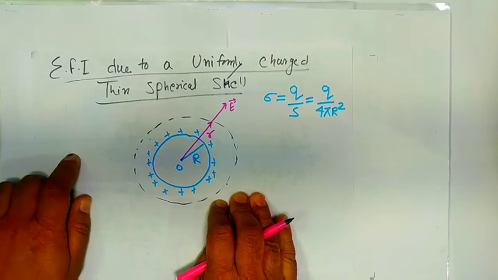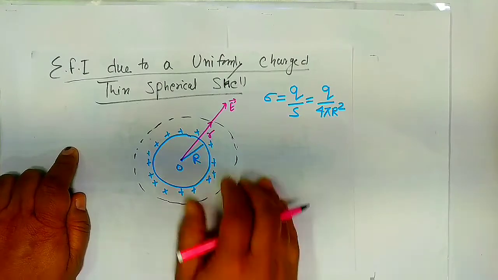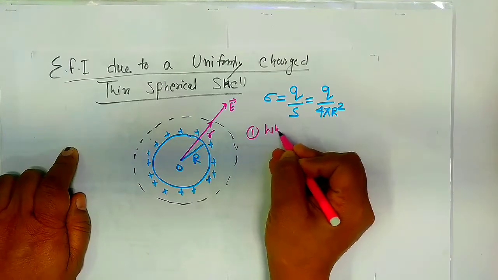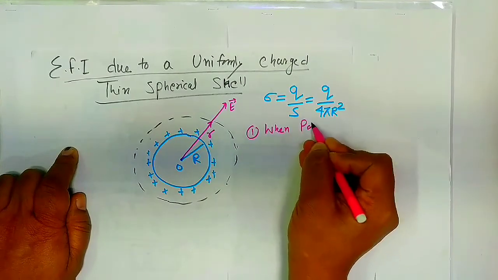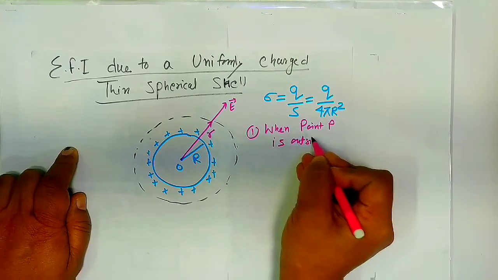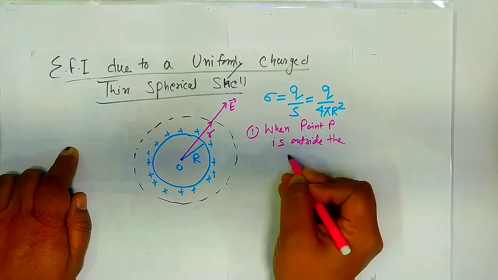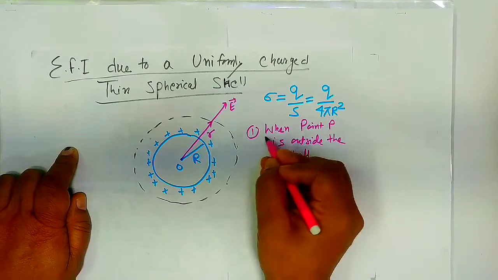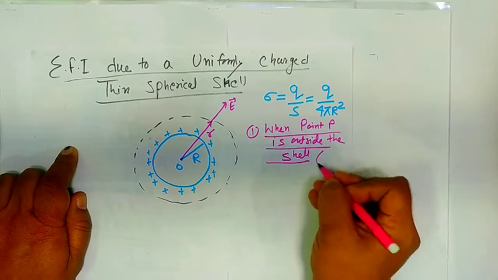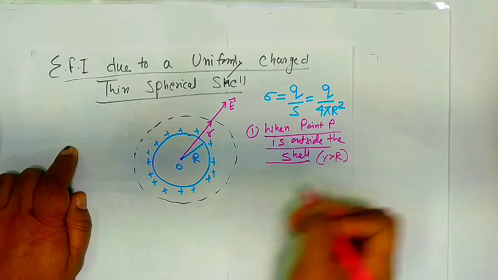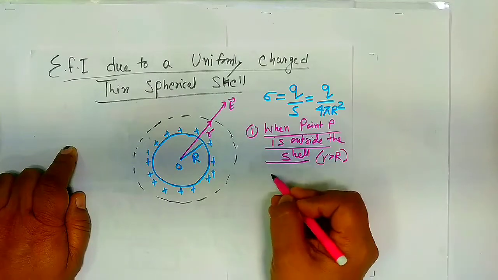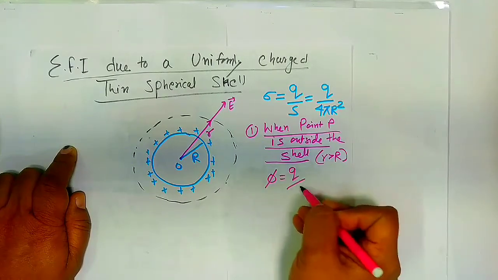So if I take three points, first is when point P is outside the shell, that is r is greater than R. Here phi will be Q by epsilon naught.